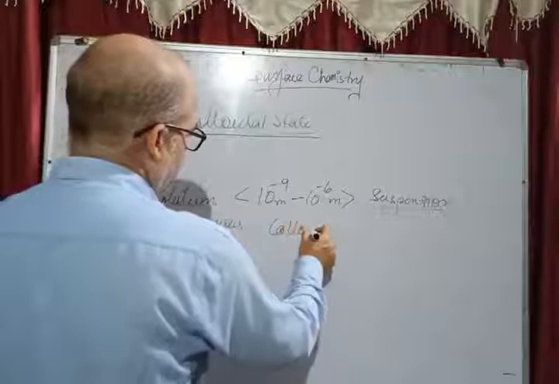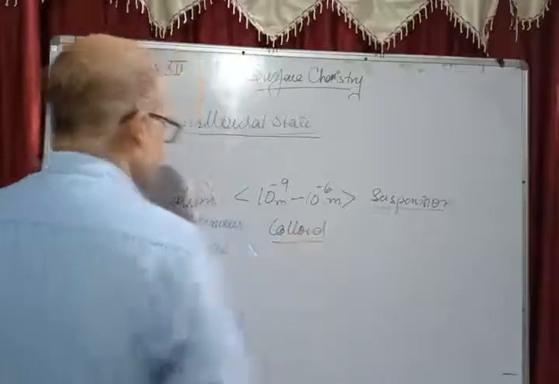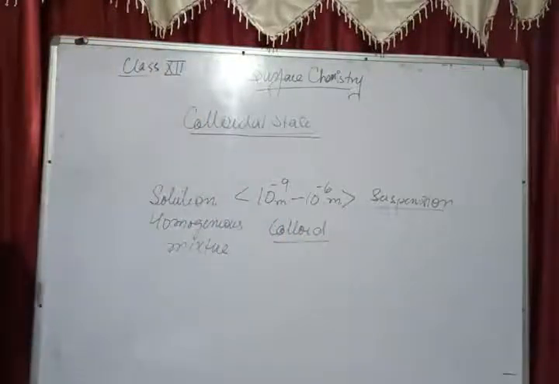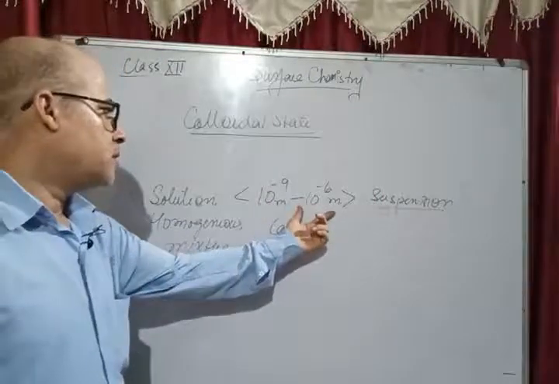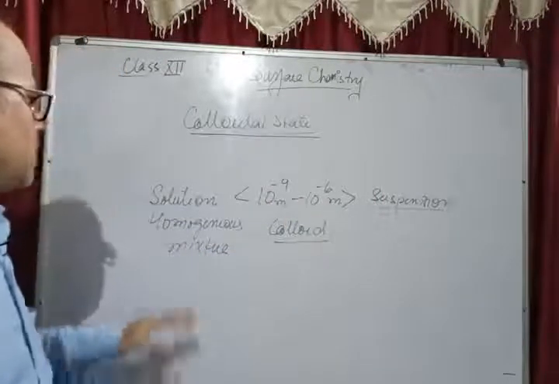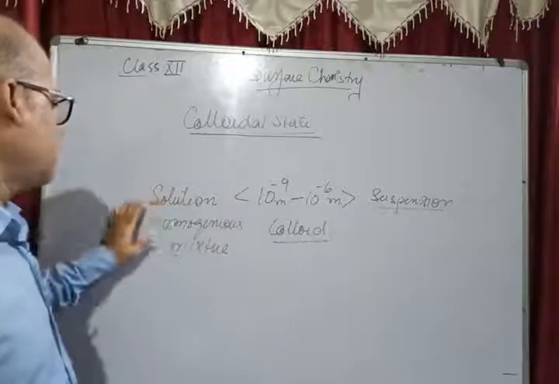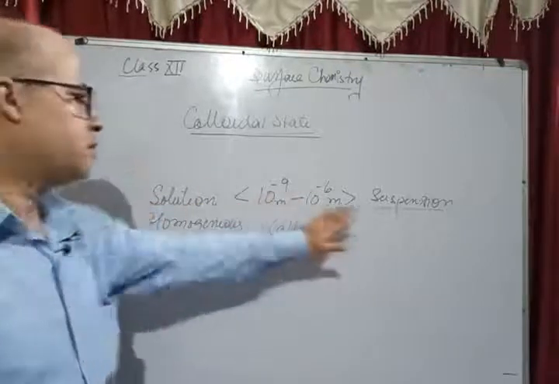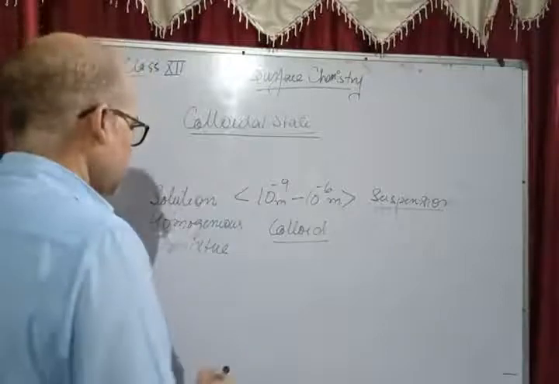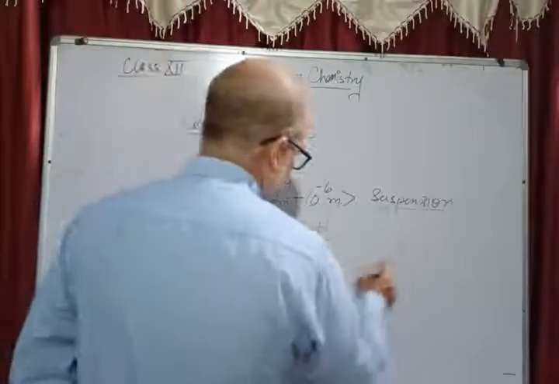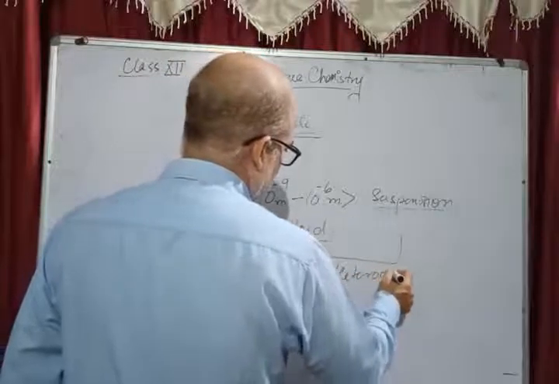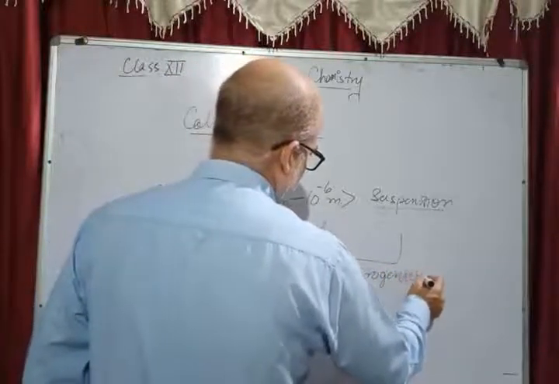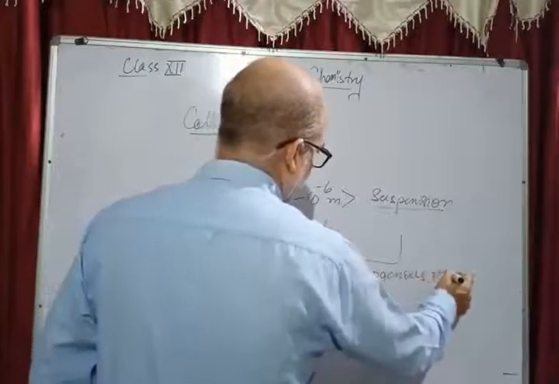Next stage is the colloid. The size of colloid ranges between 10 to power minus 9 to 10 to power minus 6 meter, and less than this is solution, and these two, suspension and colloid, are heterogeneous mixtures.